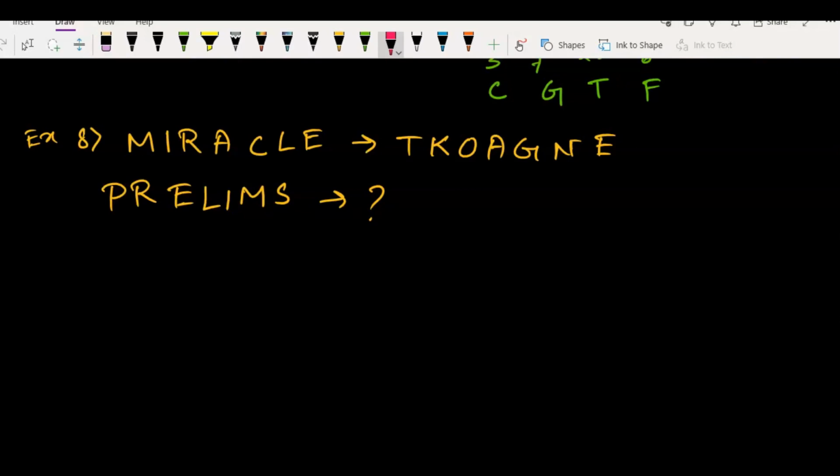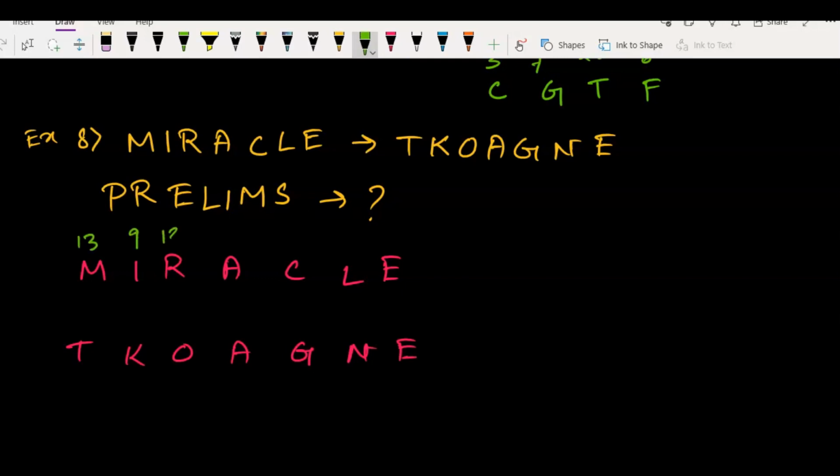So let's see question 8. We have MIRACLE, and this goes to TKOAGNE. So how is it done? Let's write the positions. We have 13, then 9, 18, 1, 3, then L is 12 and E is 5. Now T is 20, K is 11, O is 15, A is 1, then G is 7, N is 14, and E is 5.